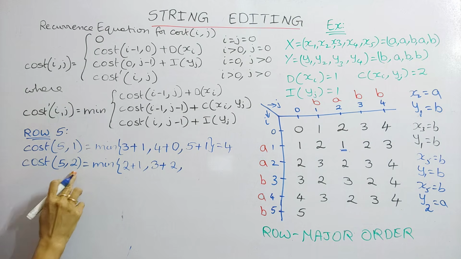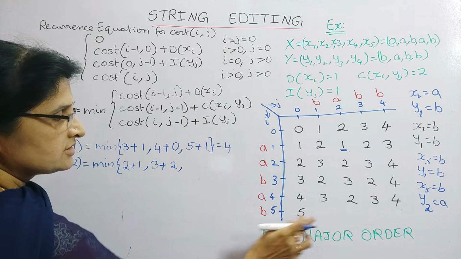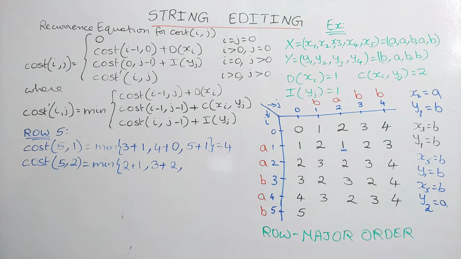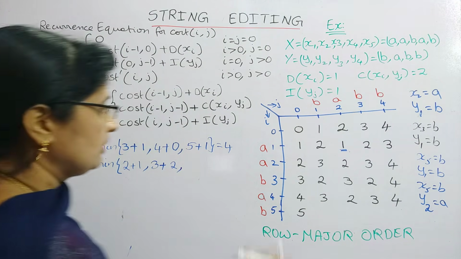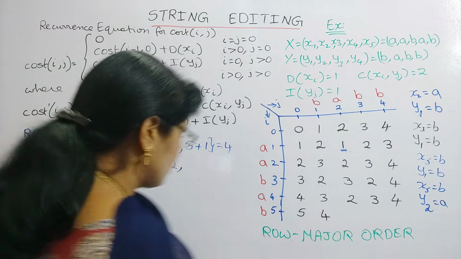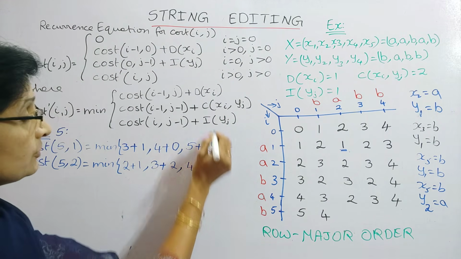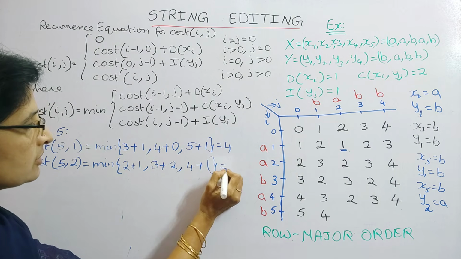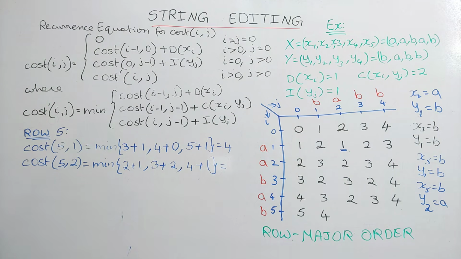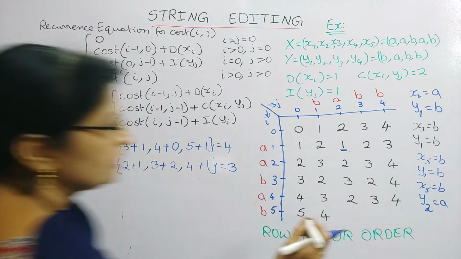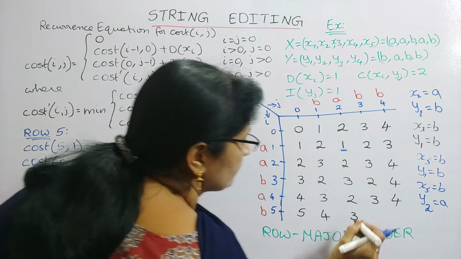That is 5, 1. 5, 1 we have already computed. It is 4. So it is 4 plus your insert operation, it takes 1. Out of these, which one is minimum? 3 is the minimum and the cost of 5 comma 2 is 3.